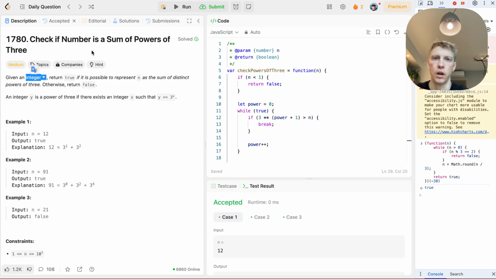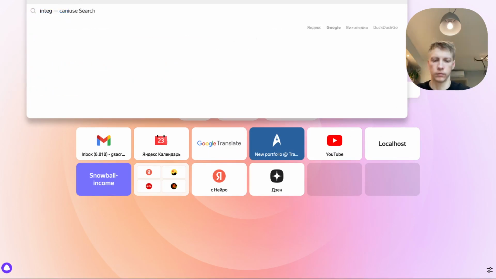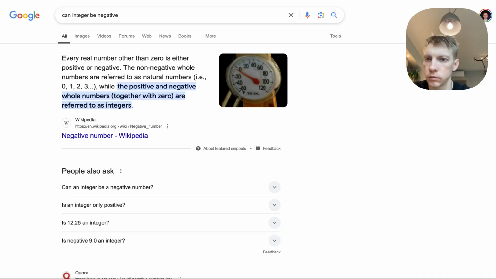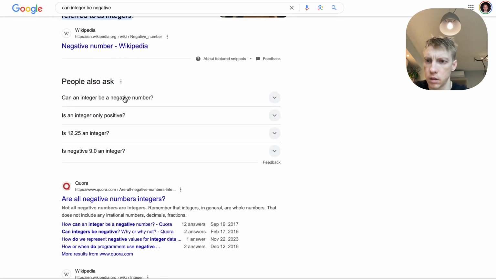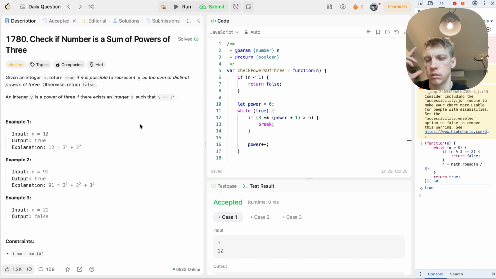It is strange. Every real number other than 0 is either positive or negative. Integers are a collection of whole numbers and negative numbers.